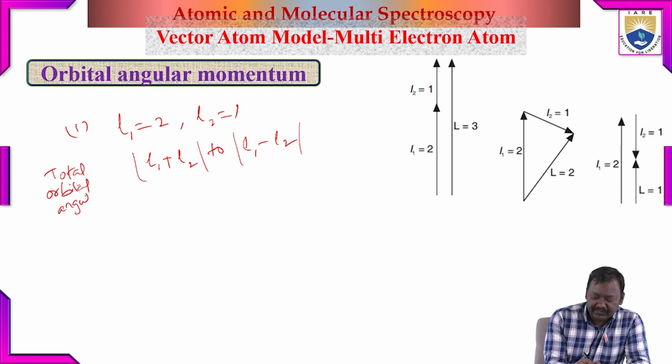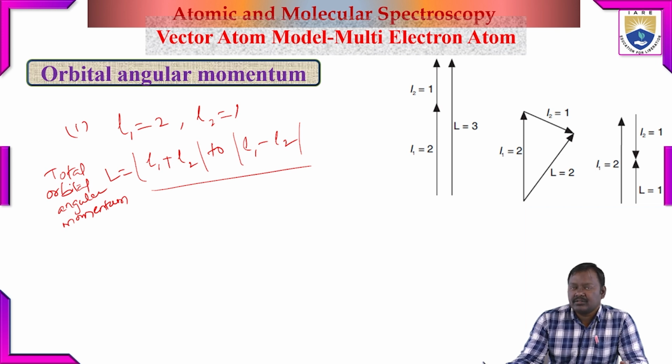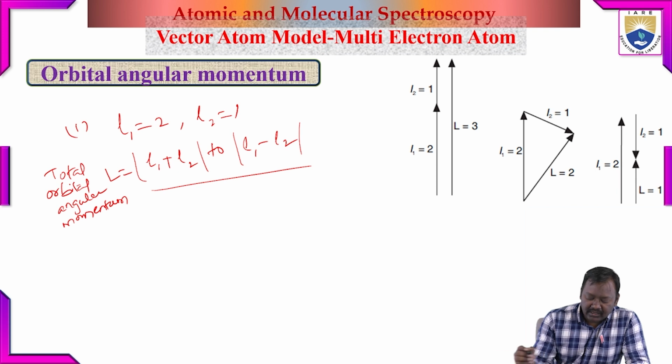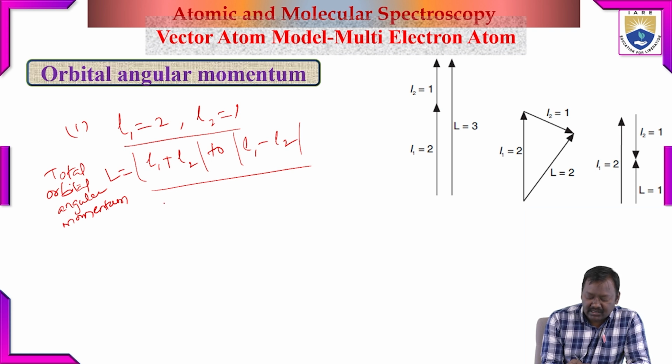angular momentum values L will be equal to magnitude of L1 plus L2 to magnitude of L1 minus L2. So here in this case L1 equal to 2 and L2 equal to 1, then that means the total values should be from 2 plus 1 to 2 minus 1.